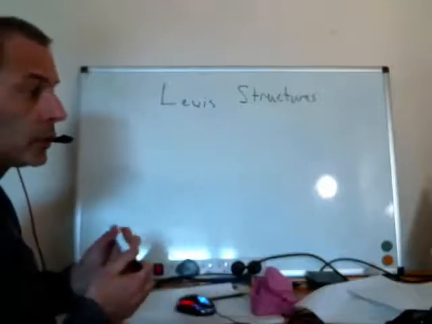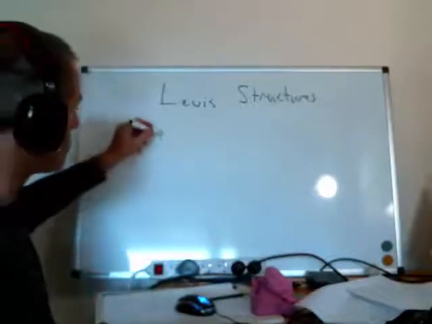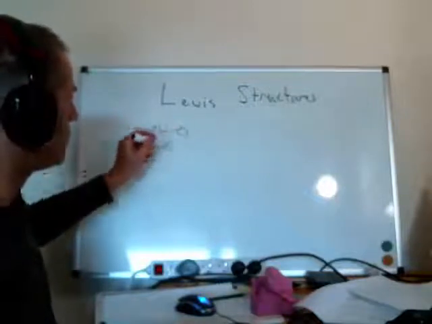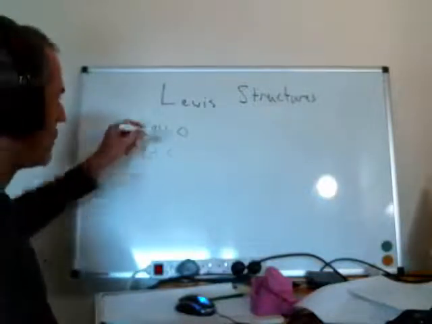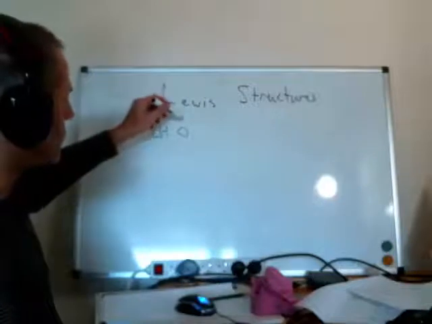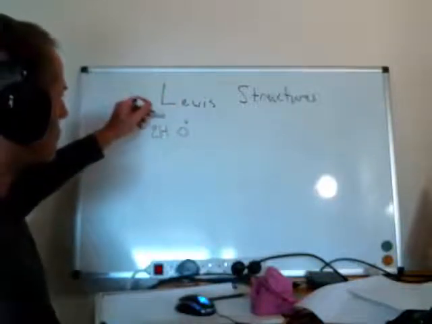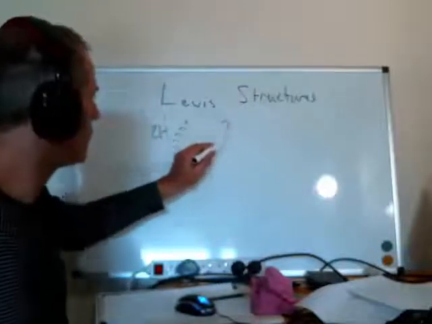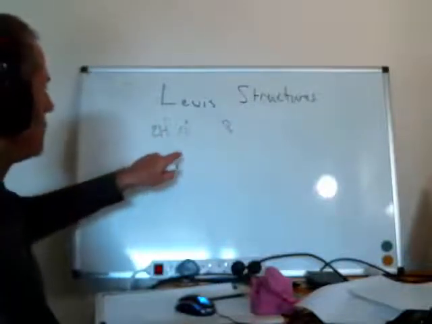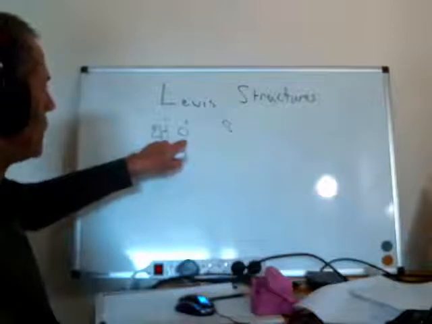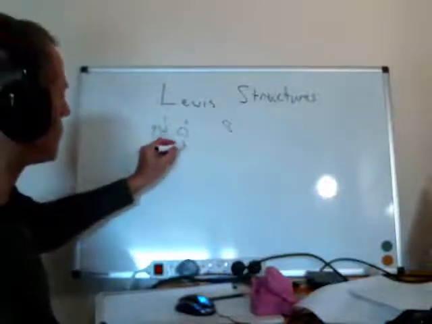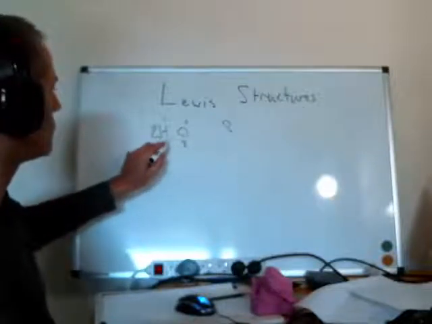So taking water now as another example, we've got 2H and 1O, because that's how it is. We've got 6 electrons and 1, so we've got 8, and we would like to have 8 and 2, so 8, 9, 10, 11, 12.